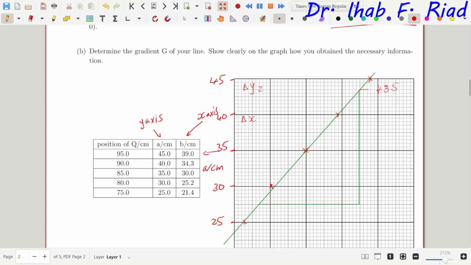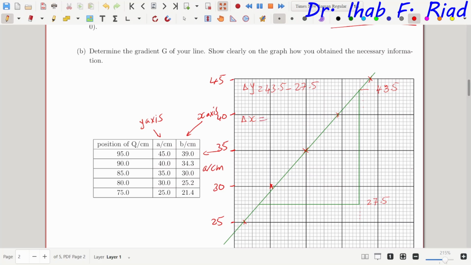Okay, and over here it is 27.5. Let us do the counting. This is 25.5, 26, 26.5, 27, 27.5. So it is 43.5 minus 27.5.